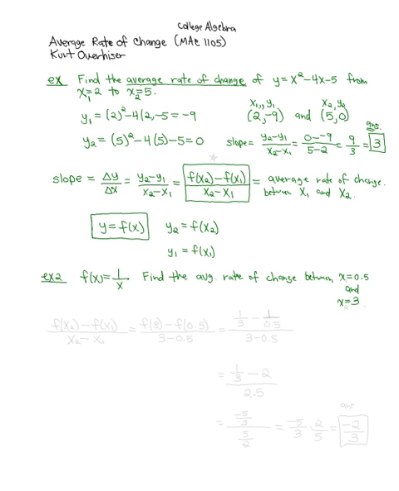So we're going to use the formula that we have starred right here, that we boxed in, and x1 will be 0.5 and x2 will be 3.